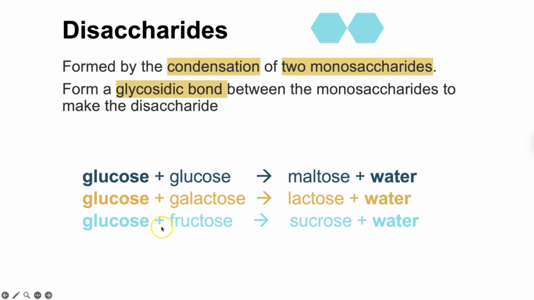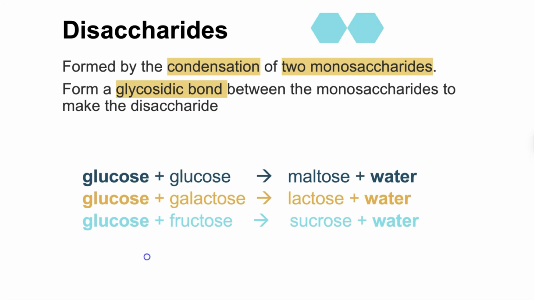And then sucrose is glucose plus fructose. Other thing I've put in bold here is something else that's the same for all of them. One of the products for all of these is water. And that's because they are joined by a condensation reaction, which we said is the joining together of 2 molecules, forming a chemical bond with the elimination of water. So that is why water is one of the products each time. So those could be a good thing to put on a flashcard just to test yourself until you can remember those word equations.